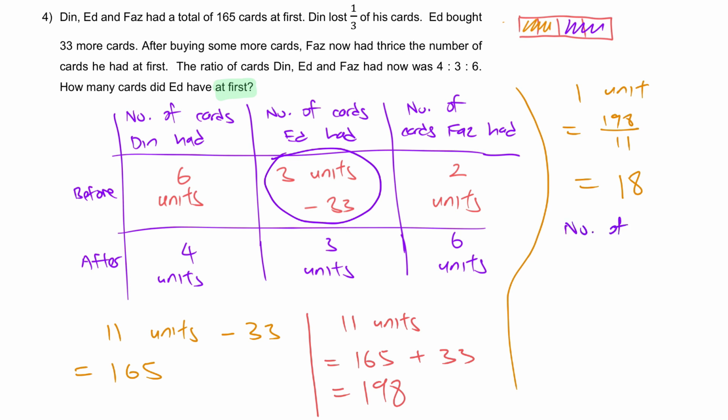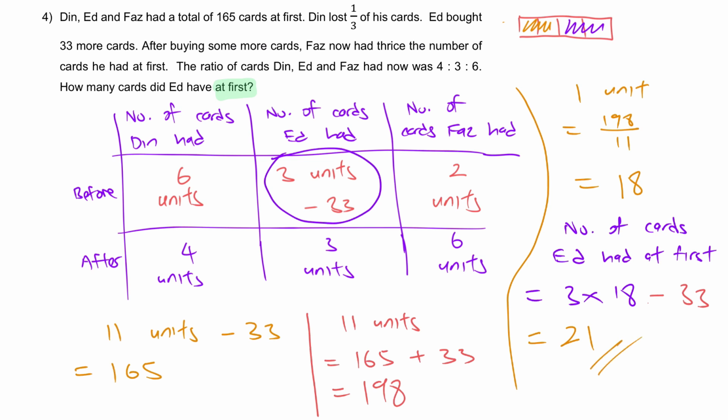Number of cards Ed had at first. 3 units minus 33. So 3 units first. After that, we're going to minus 33 to give us the answer of 54 minus 33. That will give you 21. And that is the answer.